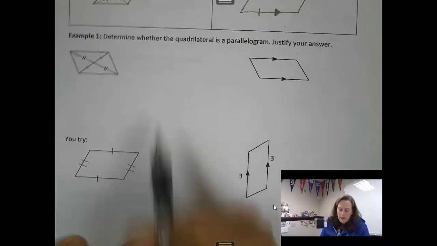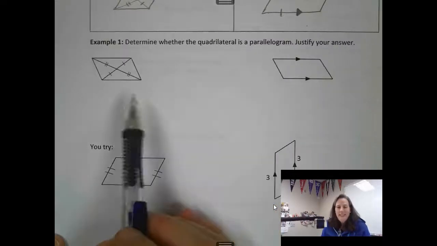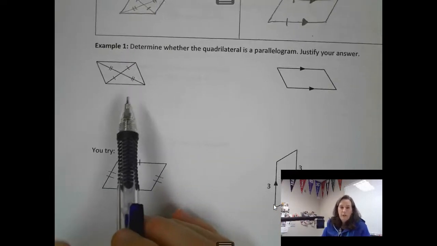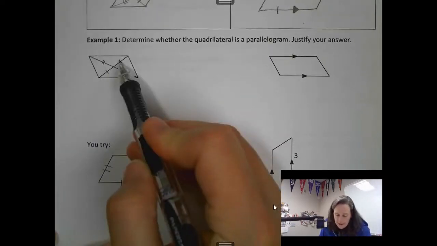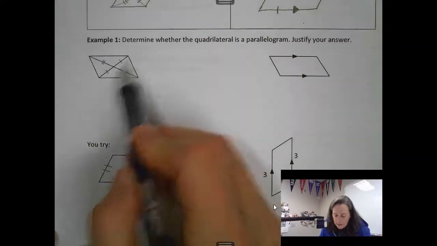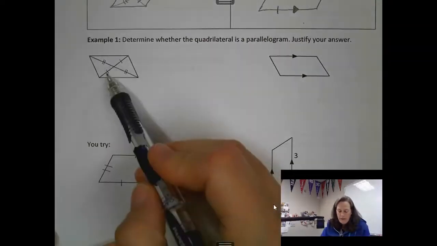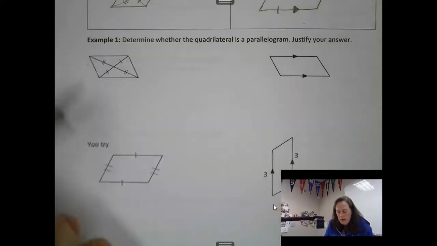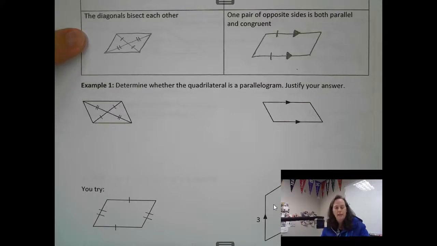So let's look. Determine whether the quadrilateral is a parallelogram. So it has to fit one of those rules that we just wrote at the top of the page. And this one shows us that these diagonals are exactly cut in half, aren't they? This half is congruent to this half, and this half is congruent to this half. That was this rule right here.